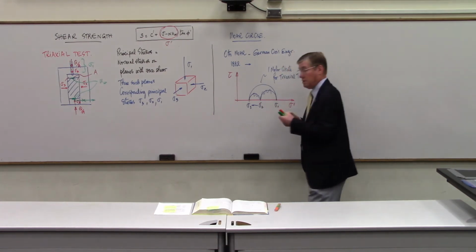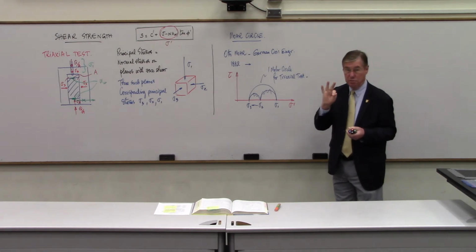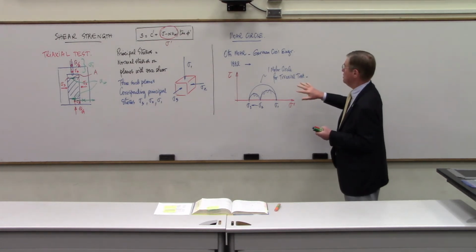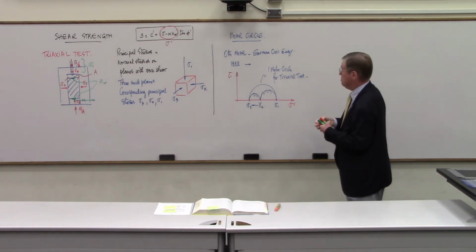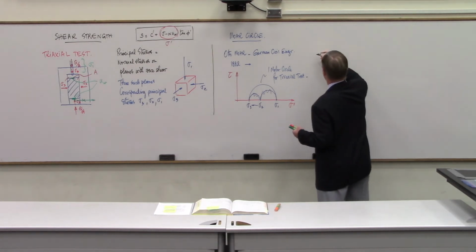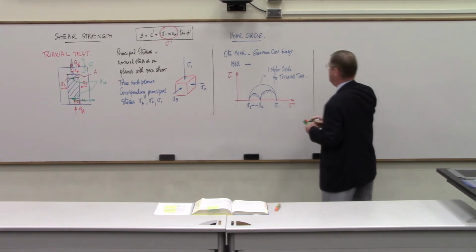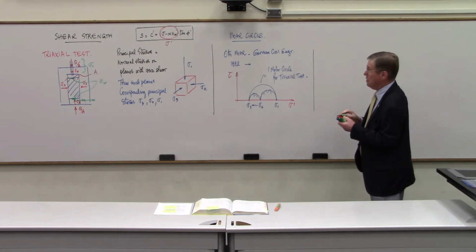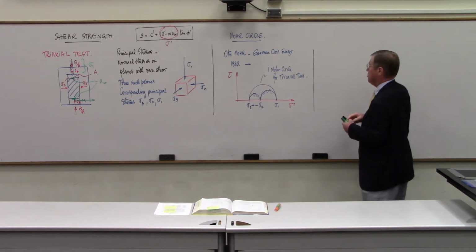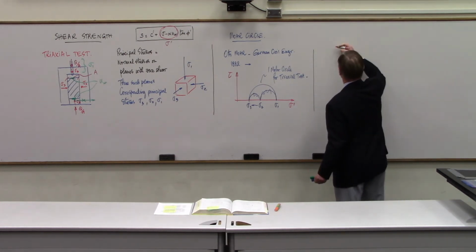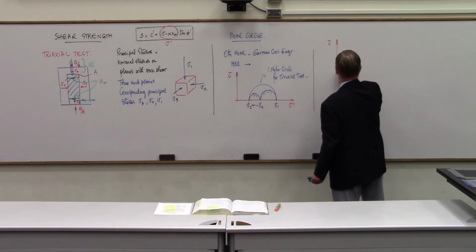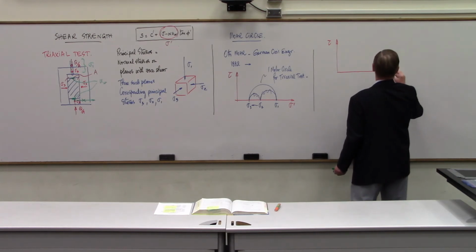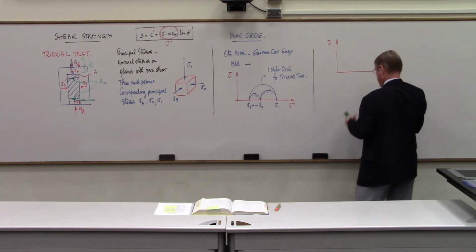But just remember that in the general case, you have three more circles. All right, so how do we use this to obtain the values of C prime and phi prime in the shear strength expression? Well, we plot tau, shear stress, versus effective stress, sigma prime.